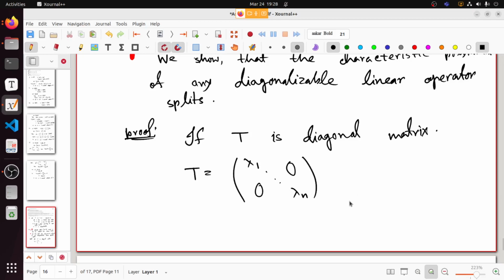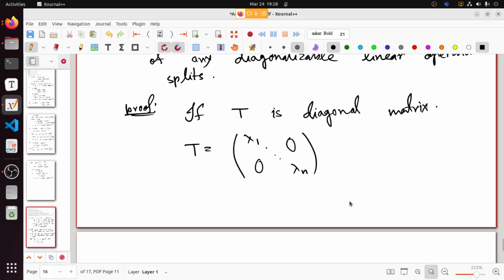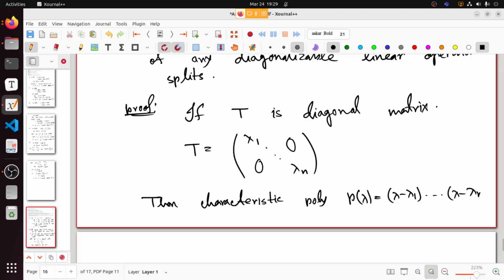Then what will be the characteristic polynomial? p of lambda, this you can compute, it will be (lambda minus lambda 1) up to (lambda minus lambda n), right?